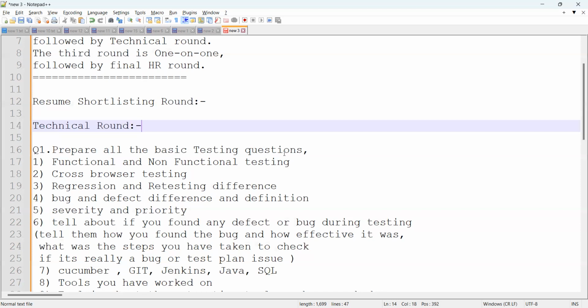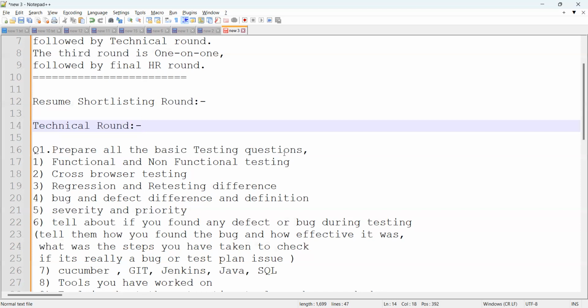They even prefer that if you are using Windows for cross browser testing and you have done the same thing on a different OS, then it would be very good. Just explain to them all these things that you have done while doing cross browser testing.